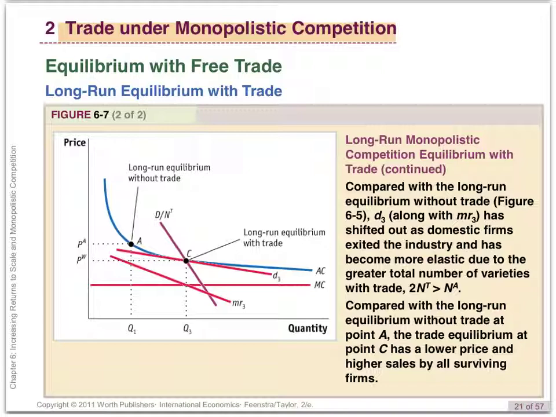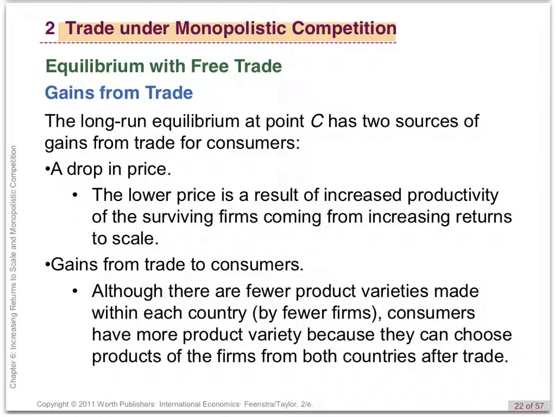So they can lower this cost, and their knowledge will increase. So eventually the price will be reduced. And that's also good news for consumers. They can buy the goods at a cheaper price. So everything starts from more firms, which is economies of scale, increasing returns to scale. So that's the gains from trade.